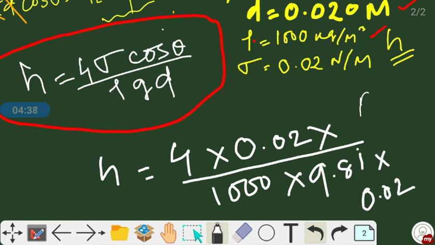If the value of theta is not given in the question, then take theta equal to 0, so cos theta will be cos 0, that is 1.